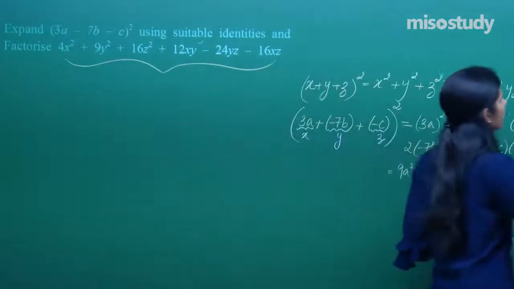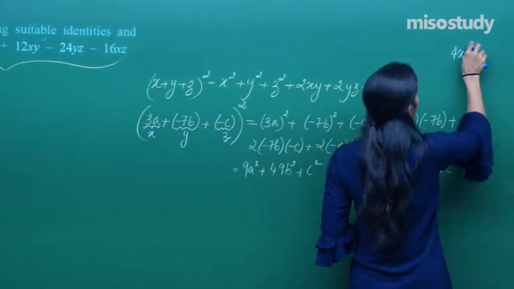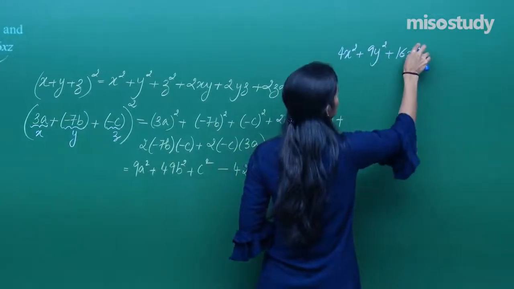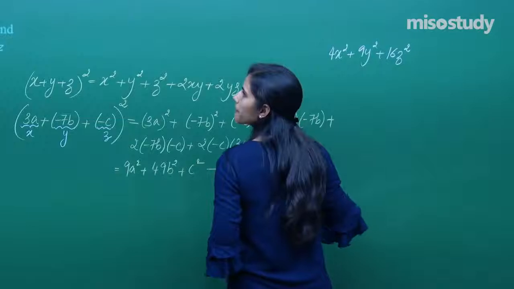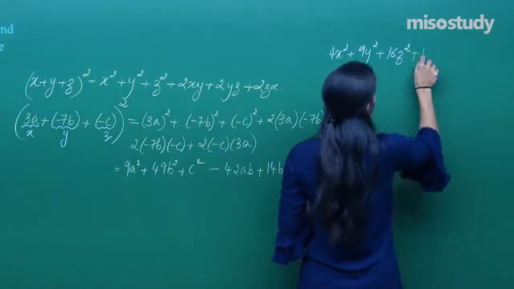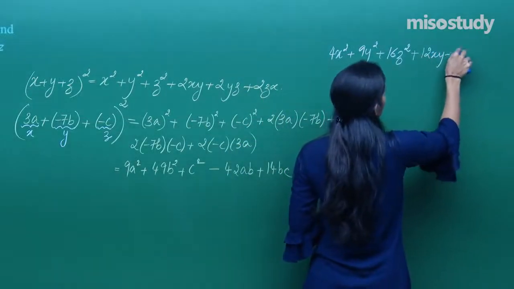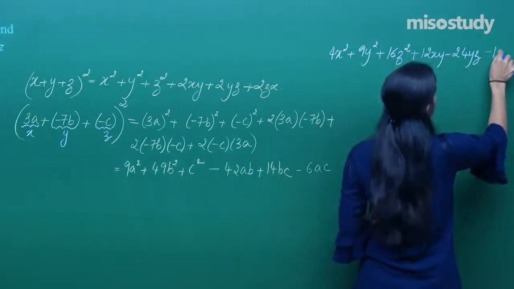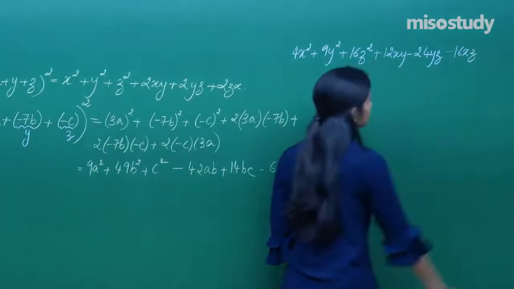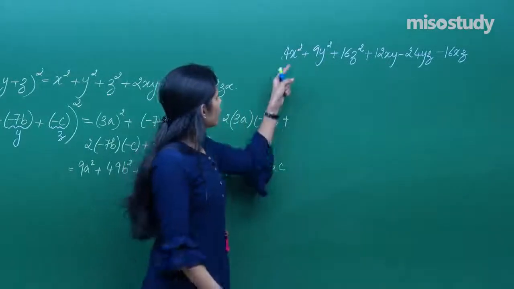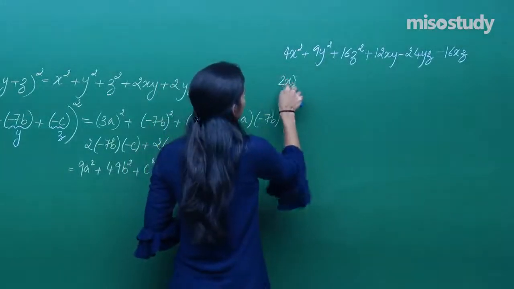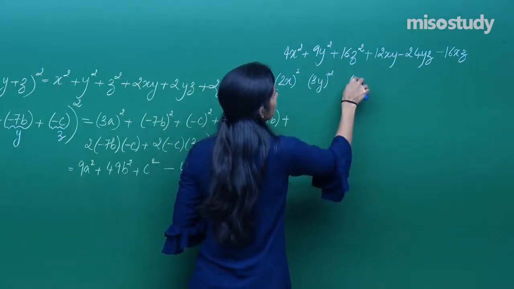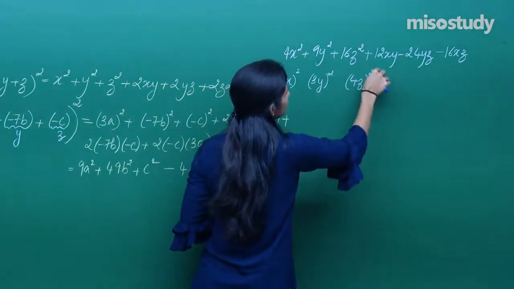So what do you have? You have 4x square plus 9y square plus 16z square plus 12xy minus 24yz, and then you have minus 16xz. Of course, I can write this as 2x whole square, this as 3y whole square, and this as 4z whole square.